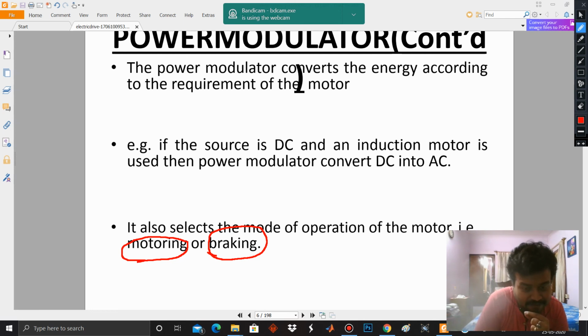That means its speed will reduce and it will come to a stop. That is known as braking. Or it may happen that you are traveling on the highway and you need to change lanes, so you need to alter the speed, and for that you push the brakes. So this is known as braking. So there are two types, one is motoring and the other is braking.